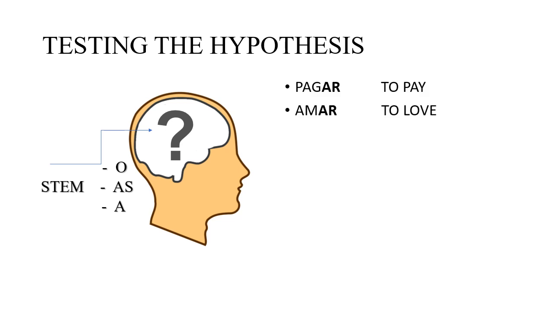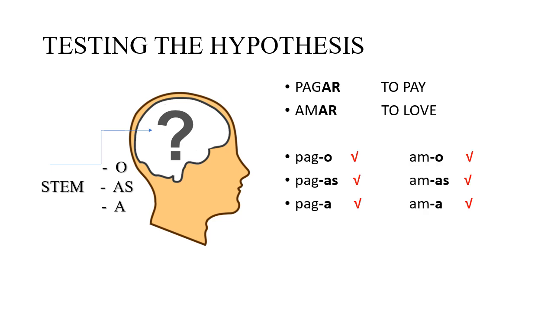Let's take two verbs. Let's take the verb pagar, which means to pay, and amar, which means to love. Now, what are the forms that our rule is predicting? Stop the recording here and you generate the forms, and then we will see if you're right or you're wrong. The forms that we predict are here: pago, pagas, paga, and amo, amas, ama. So notice we take the stem.